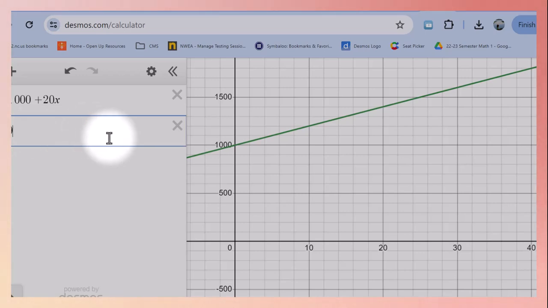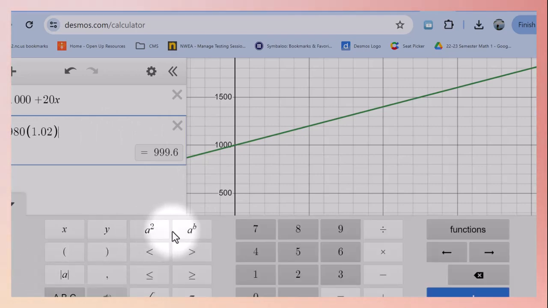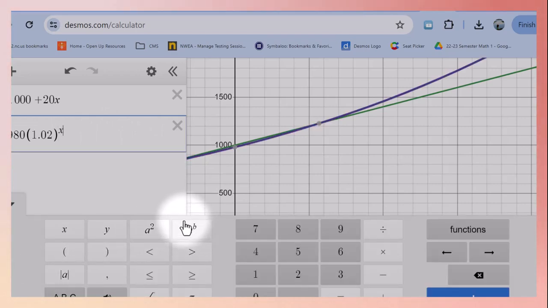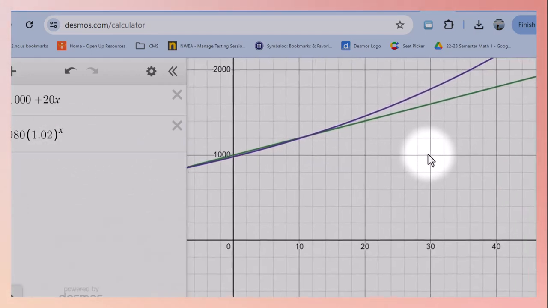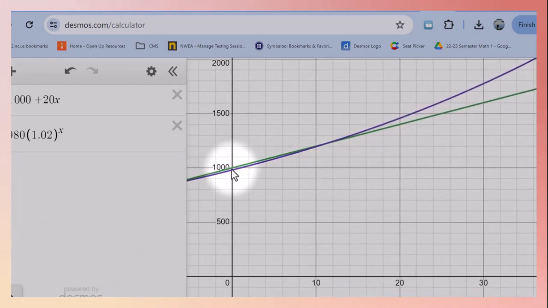We're going to start with 980 because we had to subtract that $20 to set this account up. And we're going to add 2%, so 1 plus 2% raised to the power of x. All right, now I can see that if you adjust your graph, they're going to both start off the same.